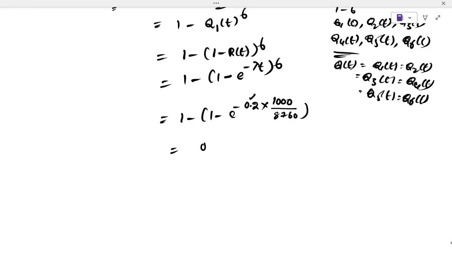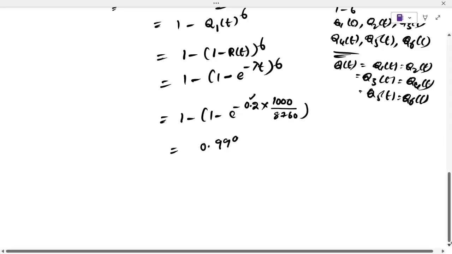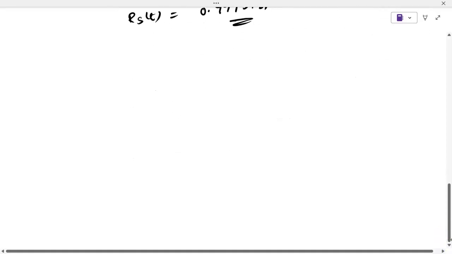So now after simplifying this will be equal to 0.9995781. This is RS of t. That is for the first problem. Second problem, what have they given?